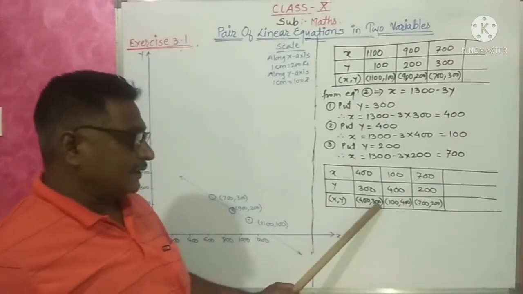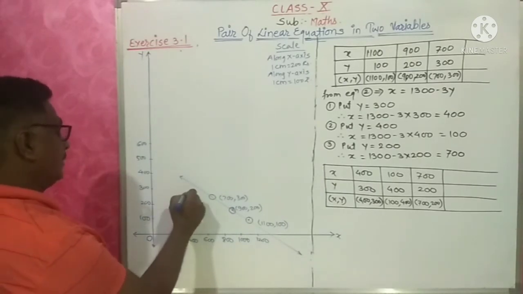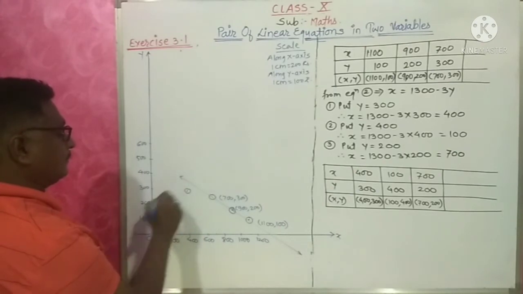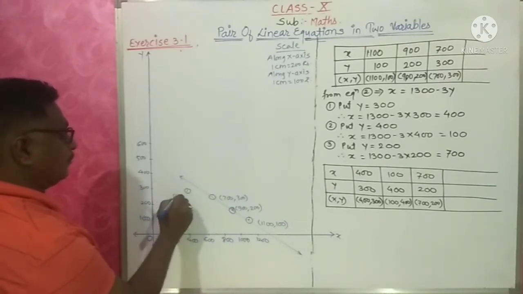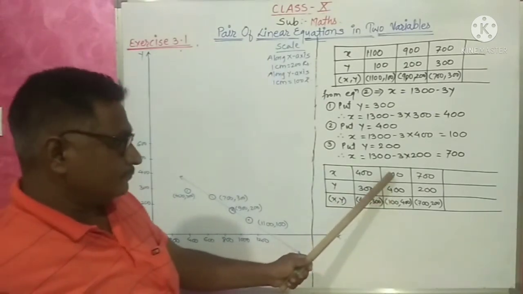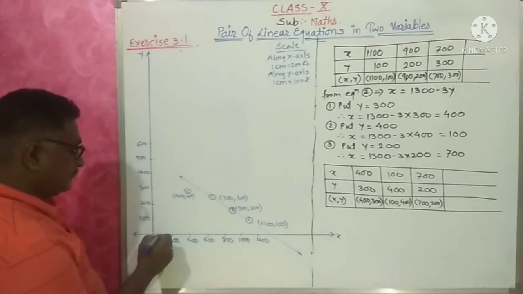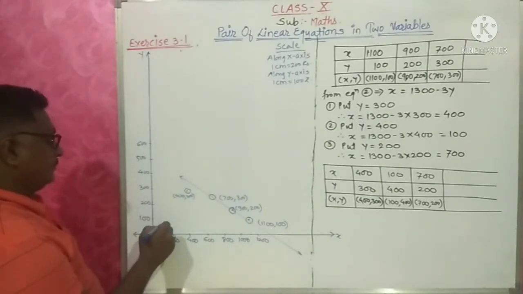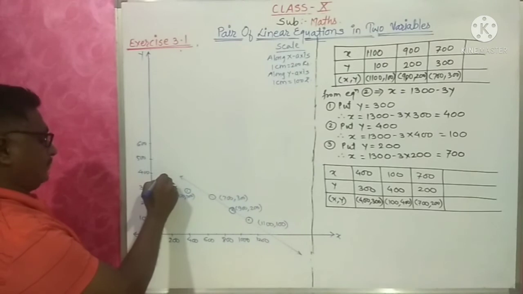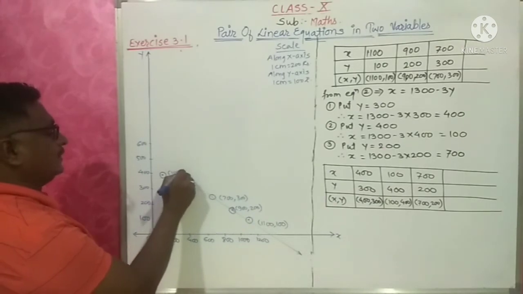Now the second: (300, 400), and 300 somewhere here. Then what will we get? (100, 400), here 100 and 400.